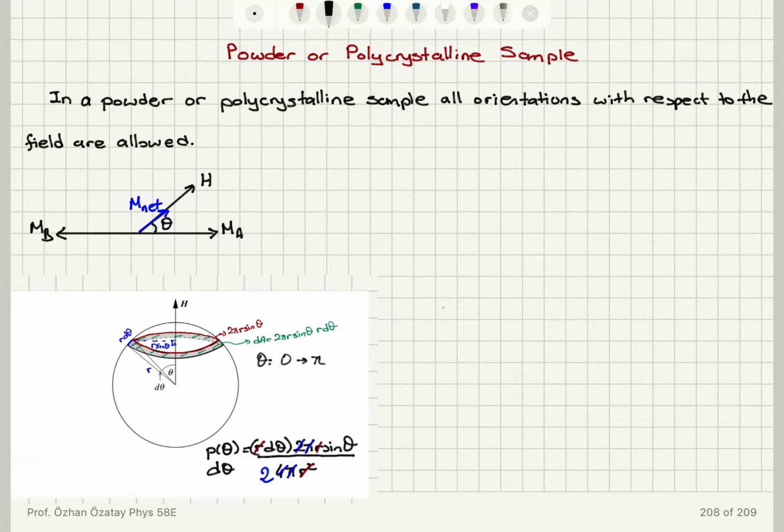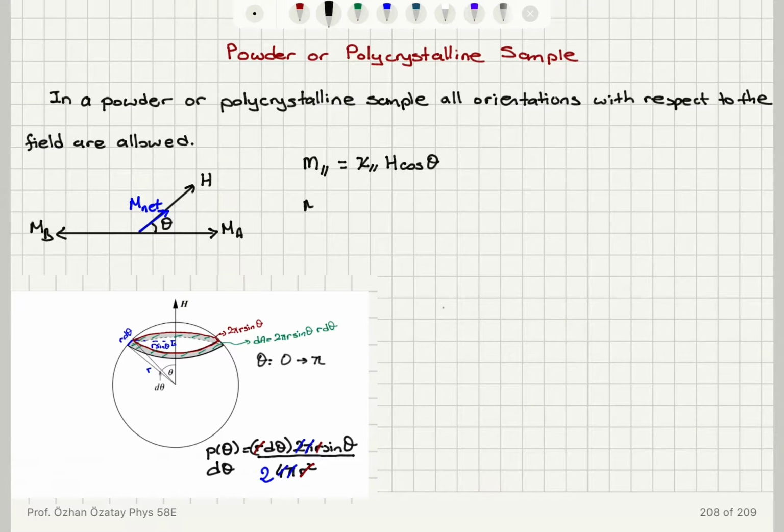Now, as for the longitudinal component, M longitudinal, I will have the magnetic field component along the axis of A and B sublattice magnetizations. I will have longitudinal susceptibility multiplied by H cosine theta.